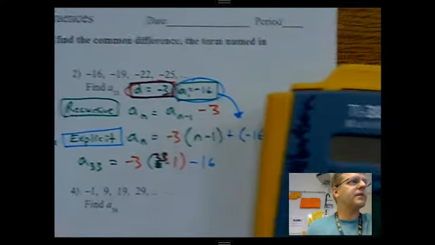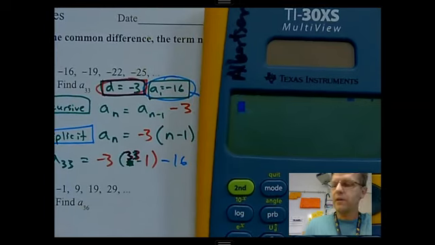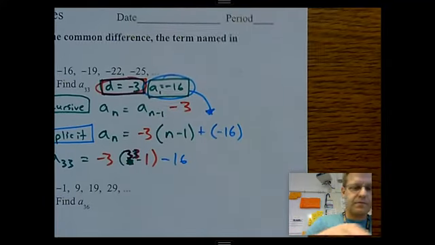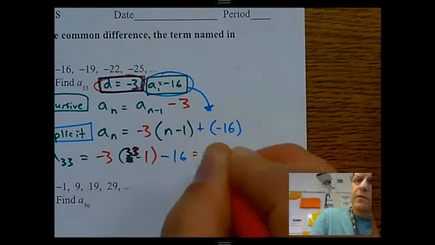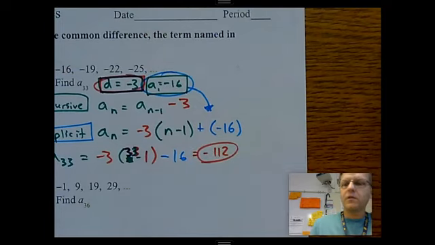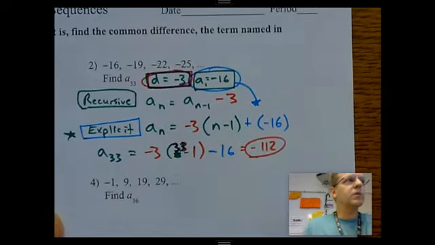And let's use our calculator for that. So we have negative 3 times 33 minus 1 minus 16. And we get negative 112. All right. Woo. Let's do a few more.